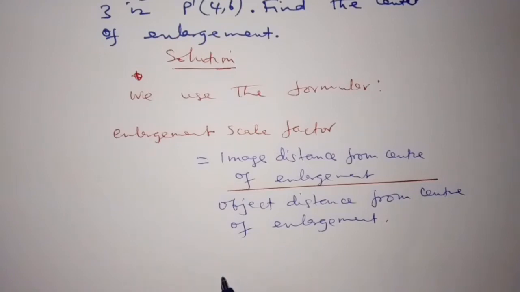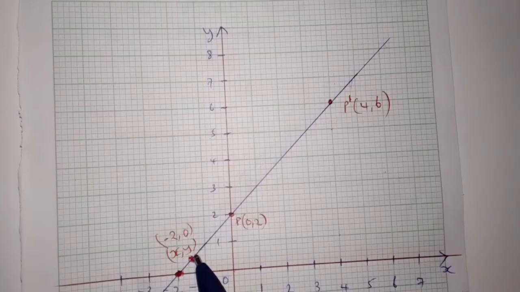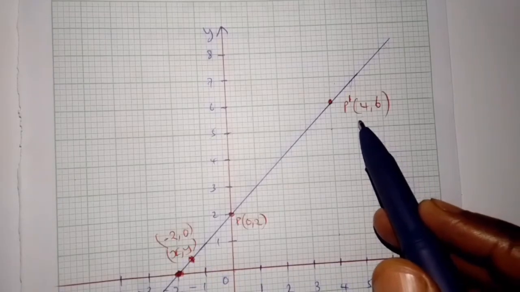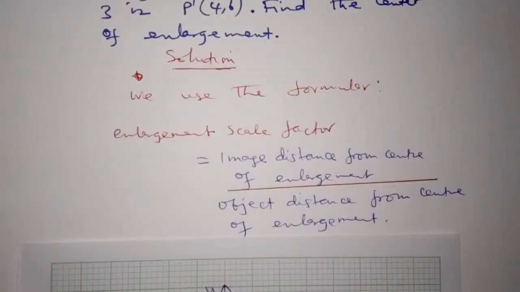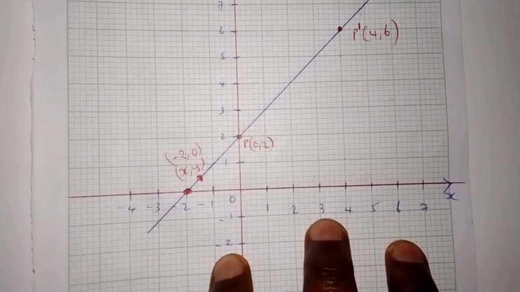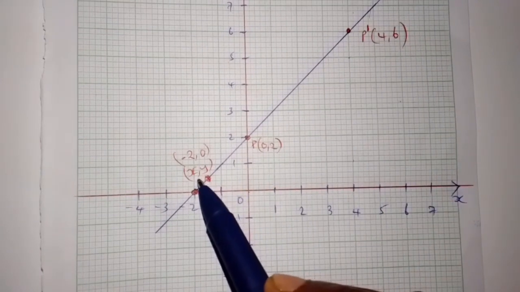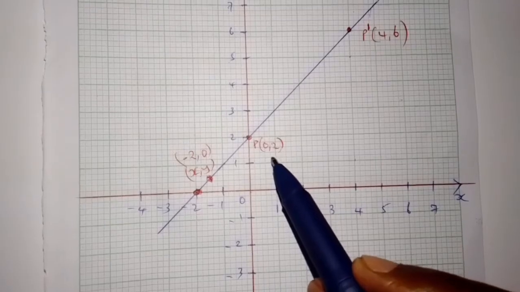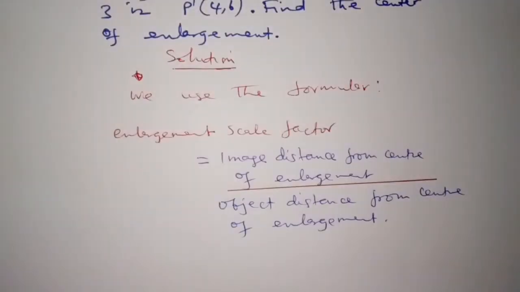So using this formula, for us to get coordinate x, the image distance from center of enlargement for x is 4 minus x over the object distance, that is 0 minus x.